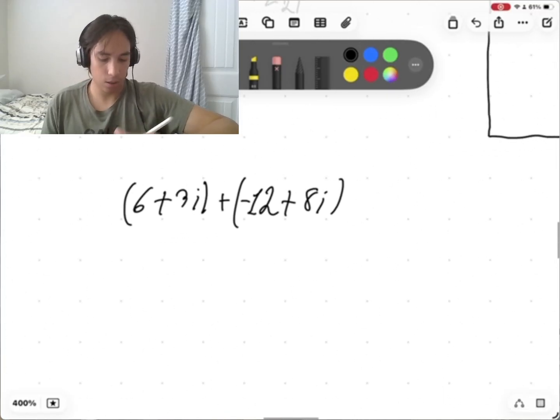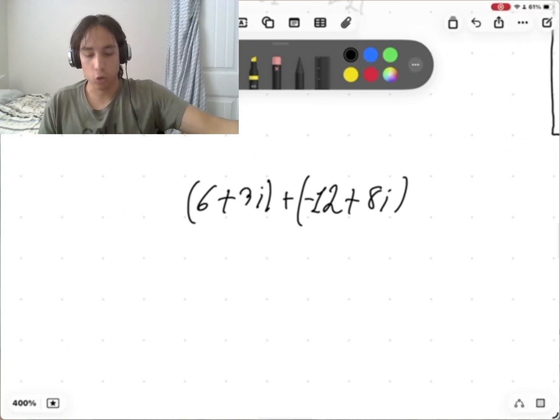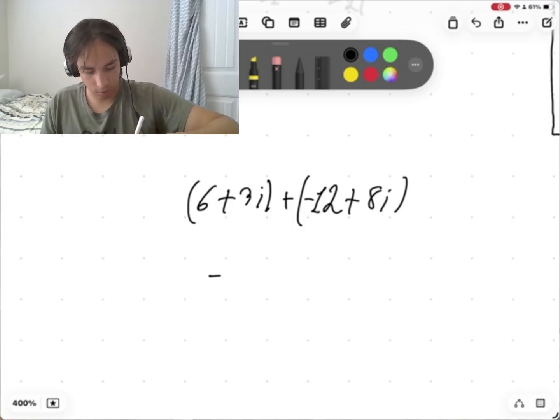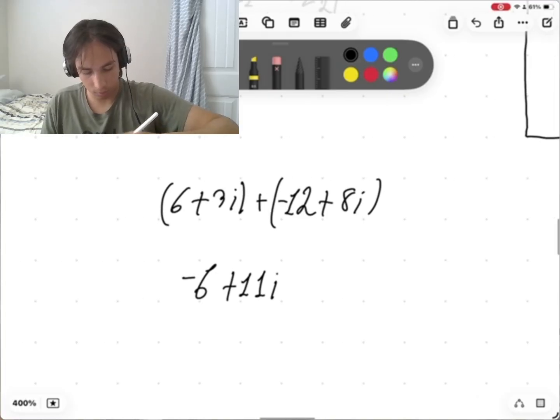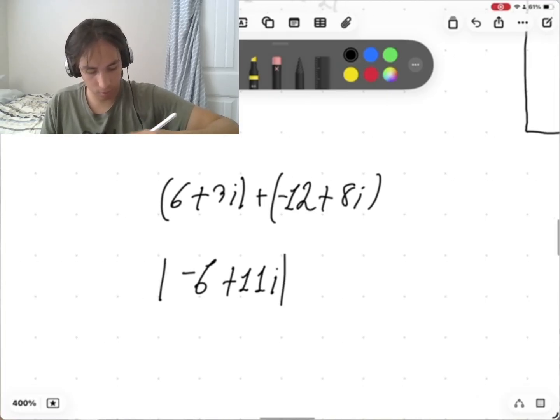You guys already know how to add with imaginary numbers. This becomes -6 plus 11i. We're going to take the absolute value of it.